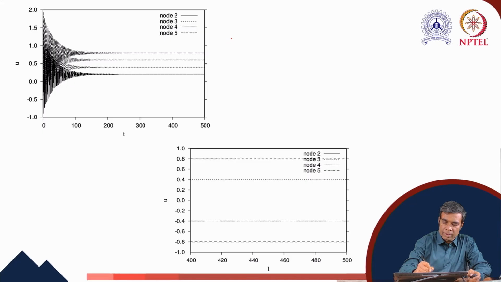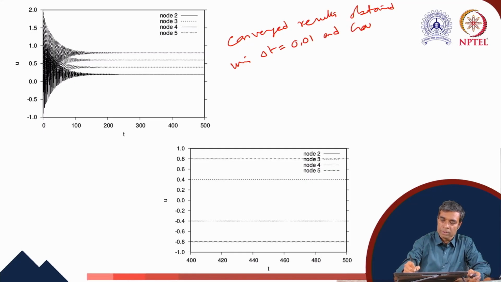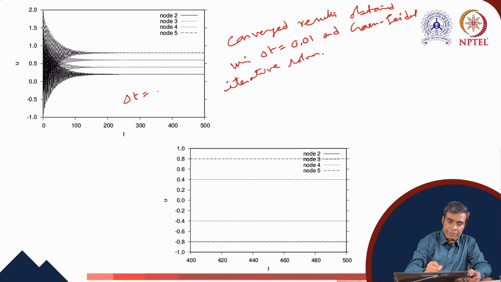So converged results obtained using delta t equals 0.01 and Gauss-Seidel iterative solver. So this is delta t equals 0.01.